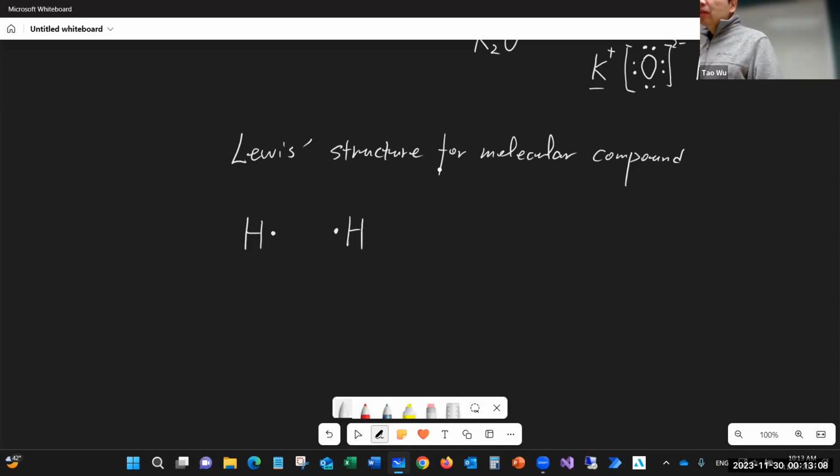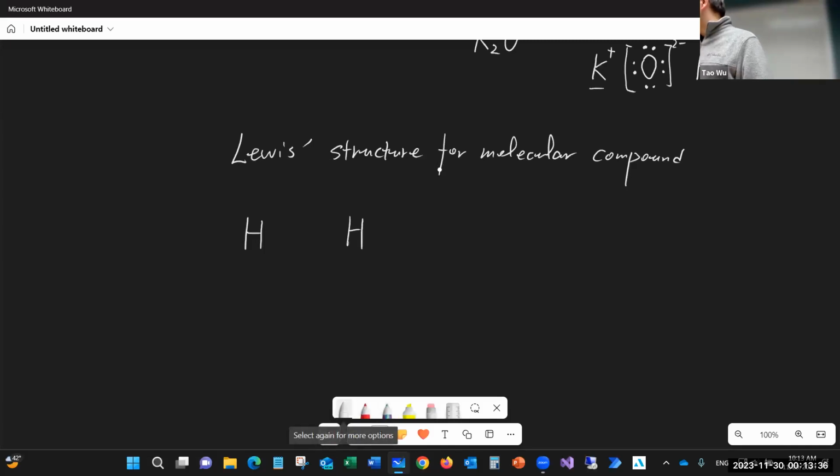But they are equal, so neither of them can gain the electron. They have to find a way, otherwise there's no conclusion. They have to solve the problem. So the hydrogen on the left said, "Okay, how about I give one electron and you give one electron.